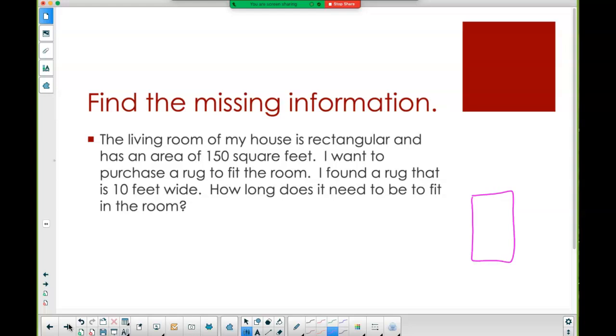And how do we find area of a rectangle? You all have this, right? You all have your packet in front of you. How do you find area of a rectangle? Brooklyn? Area equals base times height. Okay, now I know this problem talks about length and width, but it doesn't matter. They're the same things.